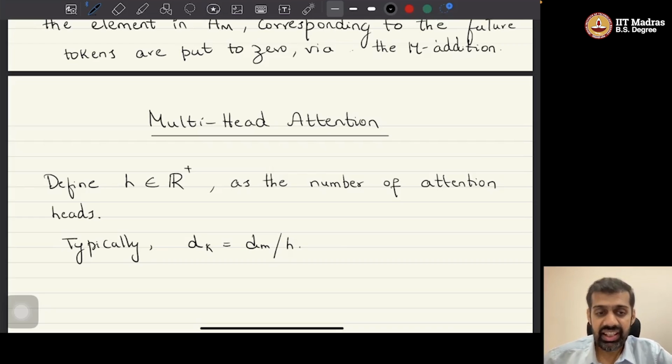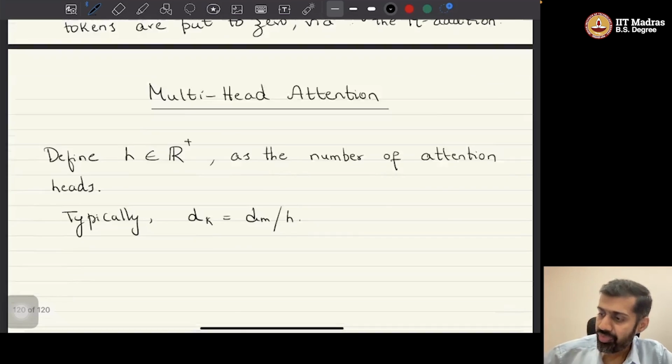So that's the idea. Typically d_k is made to be equal to d_m by h. So now you divide d_m into h number of parts before you learn the attention for each of them separately.